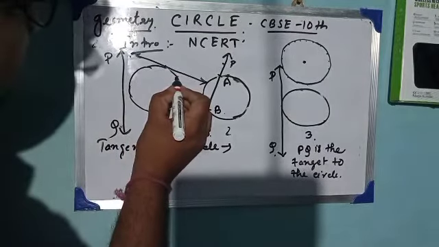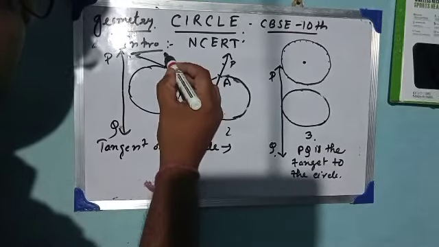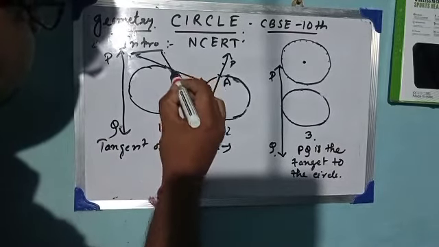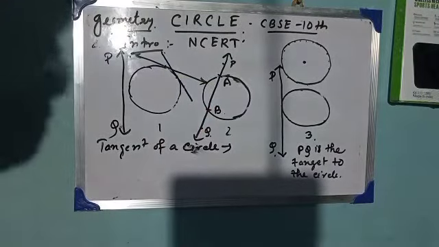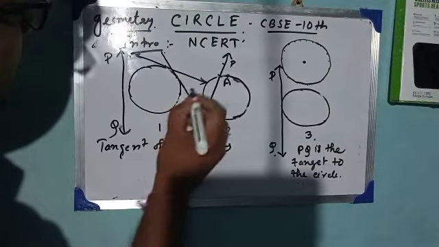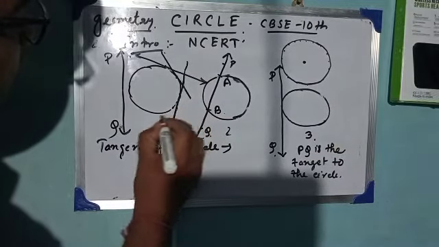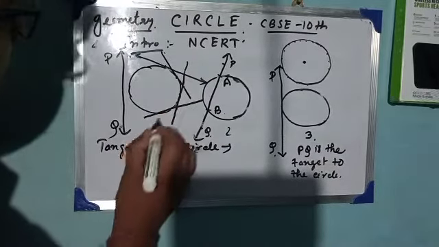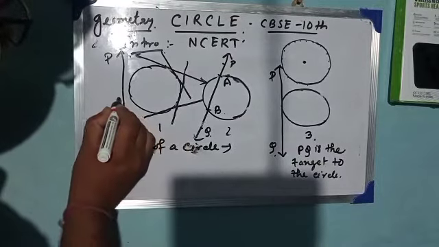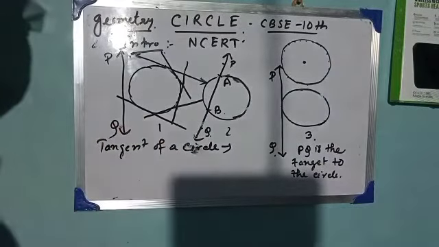Now suppose I take one point over here, then this will be the tangent. If I take the point over here, then this will be the tangent. If I take the point over here, then this will be the tangent.